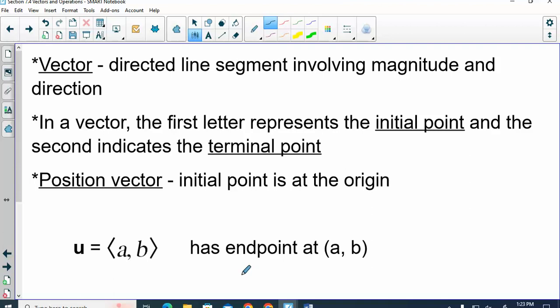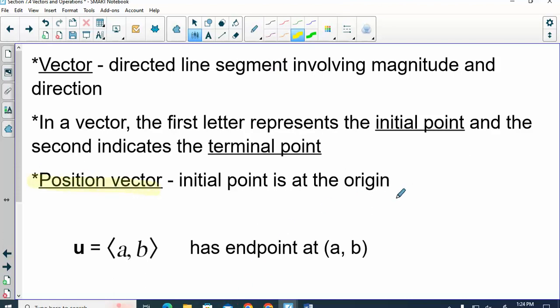So magnitude is basically the length, and direction is like your angle. We can have different types of vectors. In one format, you have a starting point and an ending point, so an initial and a terminal point. Our focus is position vectors.